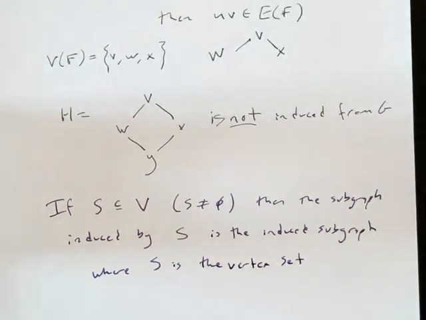So that top one where I said V of F is VWX, that's the set I'm talking about here. If I want to induce from a set, I give you the set of vertices and say, here, figure out what the appropriate set of edges is to keep.